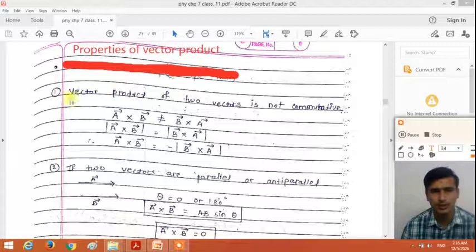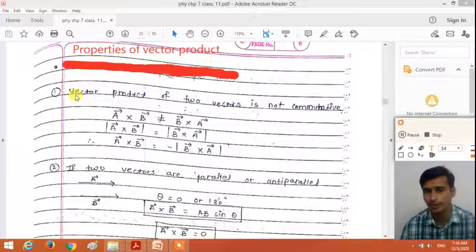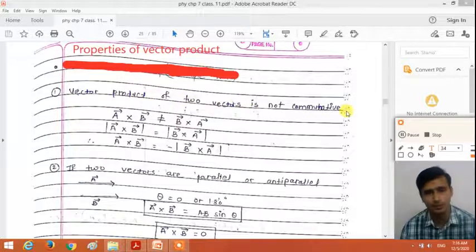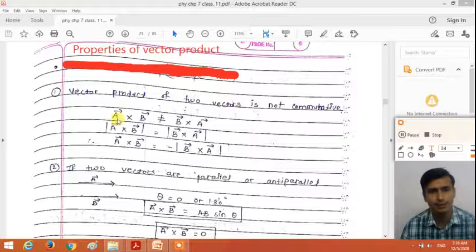So dear student, first property of the vector product, as we explained earlier, the vector product of two vectors is not commutative. That means for two vectors, vector A and vector B, A cross B is not equal to B cross A, right?